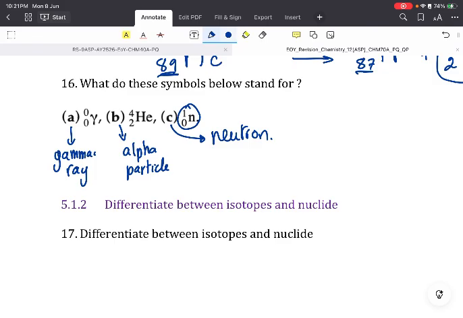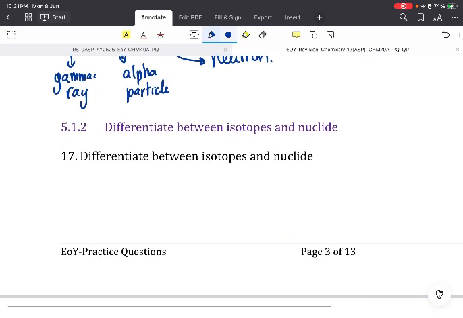Now, let's write now the difference between isotopes and nuclides. So isotopes usually are atoms of the same element, but these atoms have different number of neutrons, therefore their mass number is different. So I'm gonna give you an example. Let's take the example of uranium.